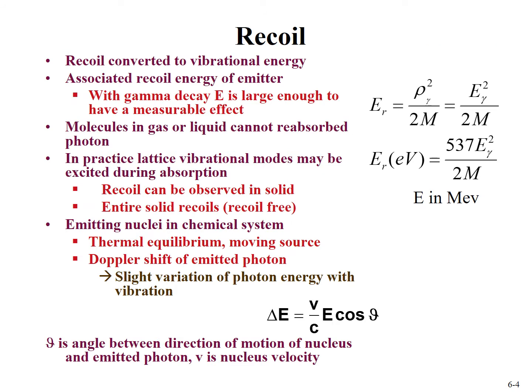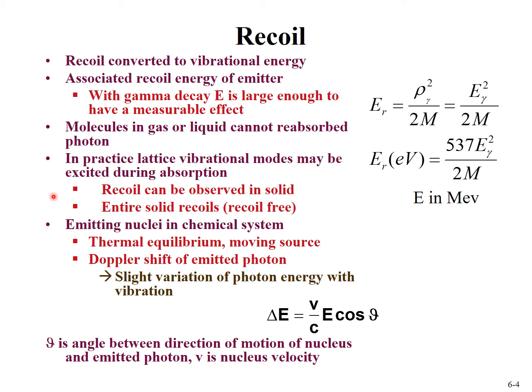Again, we should go back to what we discussed earlier; this is a review of recoil. We discussed that gammas can induce recoils in nuclei. Now, Moessbauer spectroscopy works only on solids.